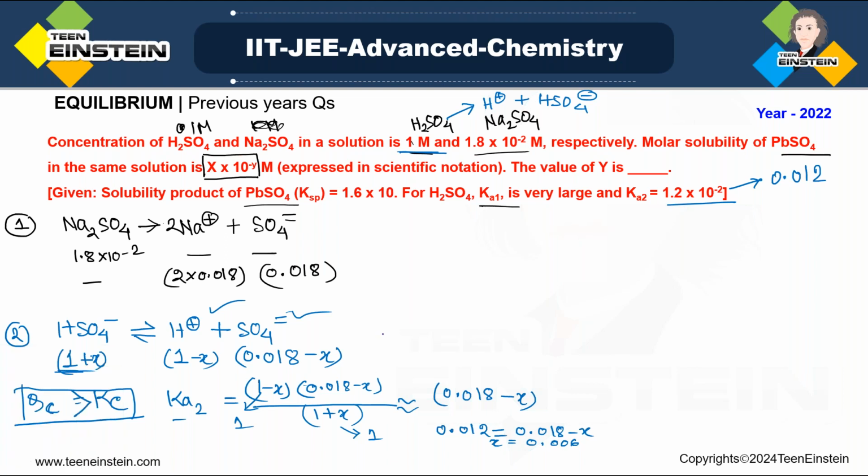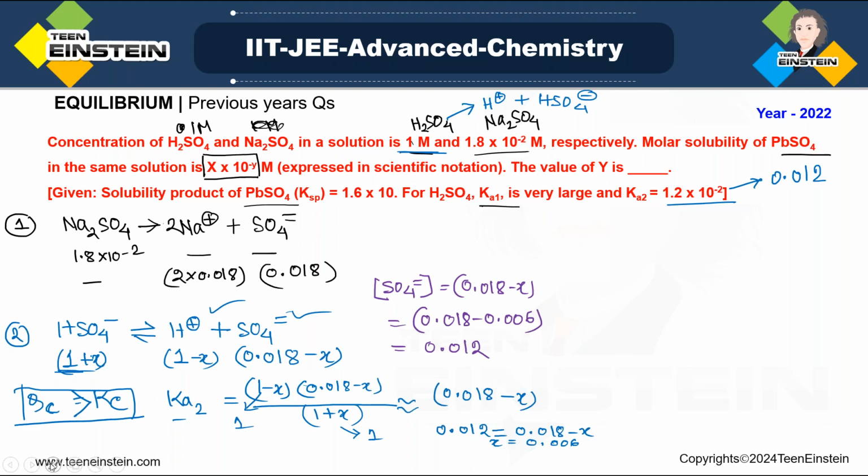Now we will do the third part. Okay, sorry, it is not yet complete. Once we know this X value, next we have to find the SO4 concentration. So SO4 concentration is 0.018 minus X, and now you know the value of X. So the SO4 will be 0.012.